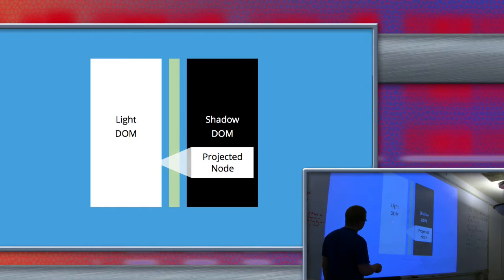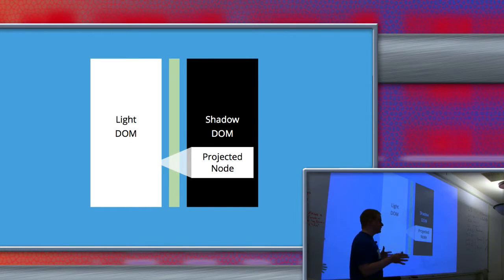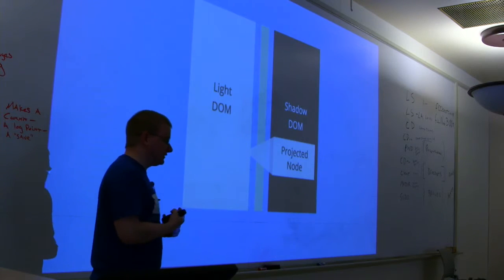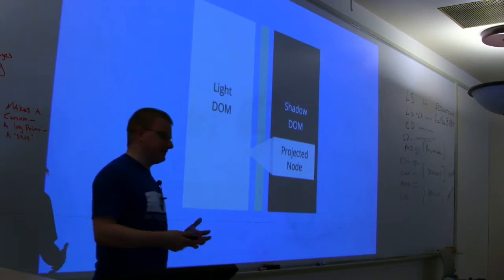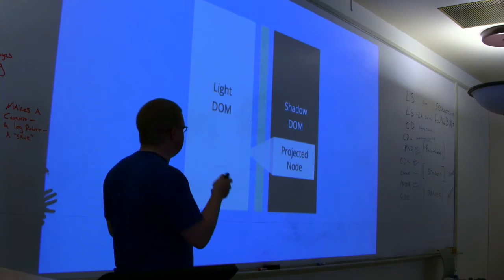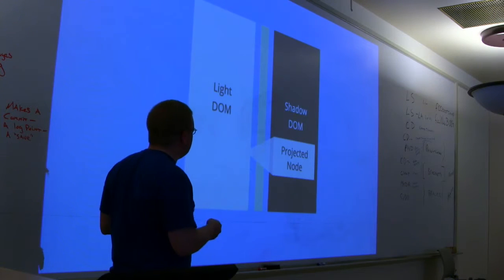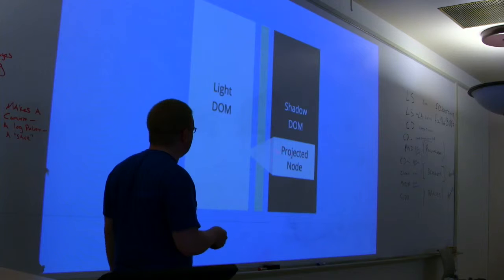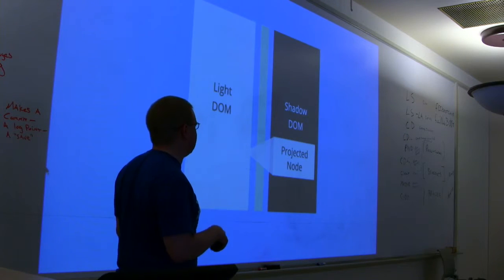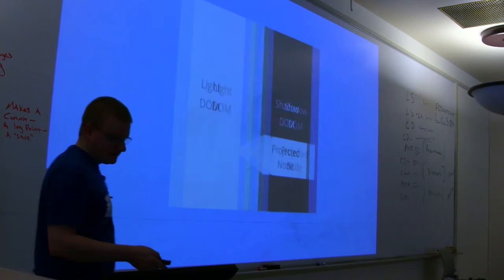We are just projecting it to be rendered in the place where the shadow DOM is. So it will look visually as if it's being rendered in the shadow DOM. It gets rendered positionally in the shadow DOM, but it's still part of the light DOM. And we'll see that when we actually inspect it.